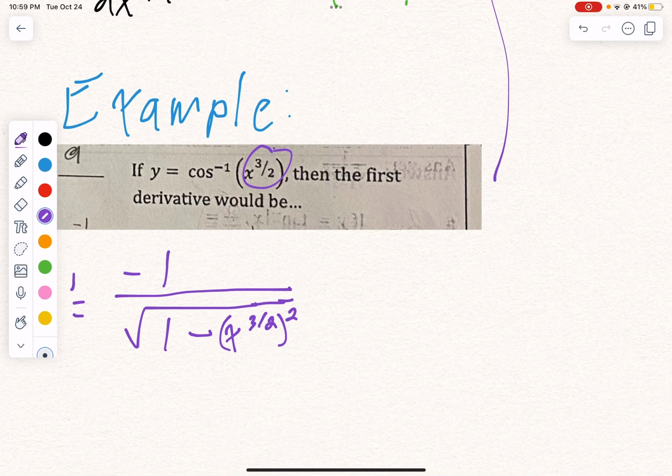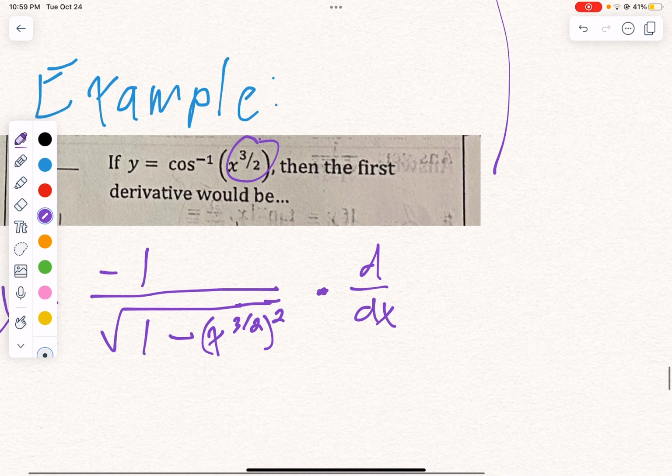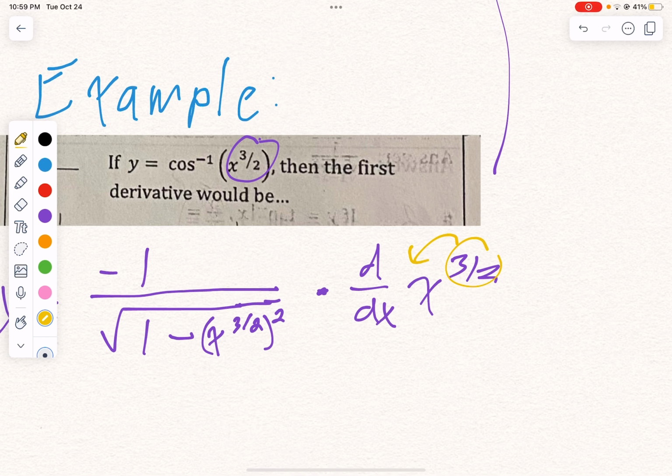And of course, because we basically have a composite function here, we're going to use our lovely chain rule times d over dx of x to the 3 over 2. And once again, the power rule coming in clutch.